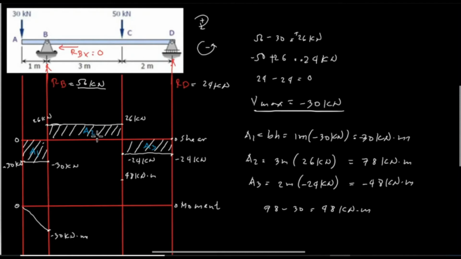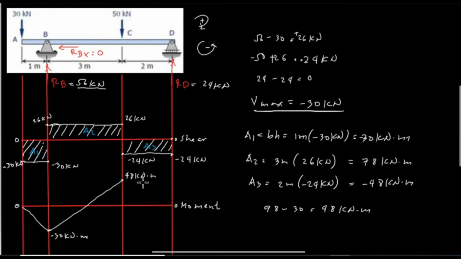The next line or curve is a diagonal from B to C. We connect negative 30, the point at B, to positive 48, which we located at point C.